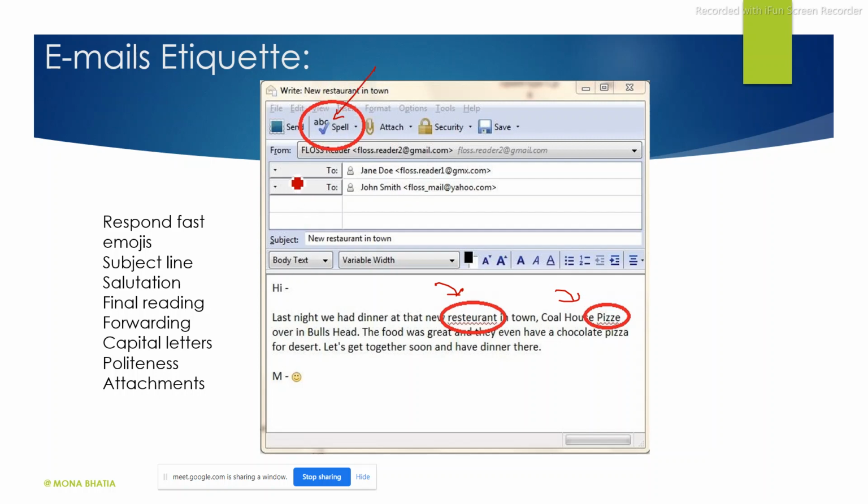So always click it on, so that when something is wrong in your email, a line appears like this. Like this word is wrong, so that means you need to correct these.